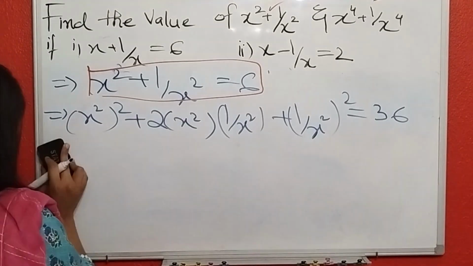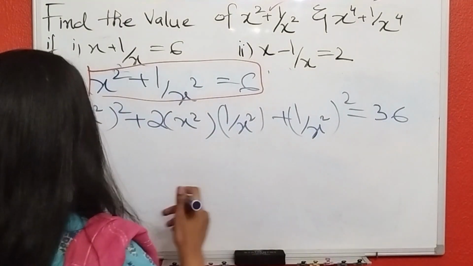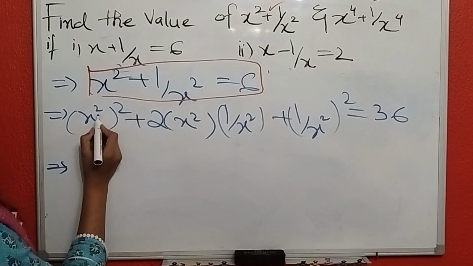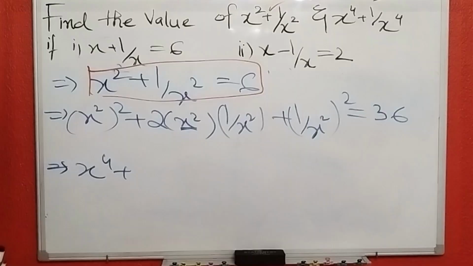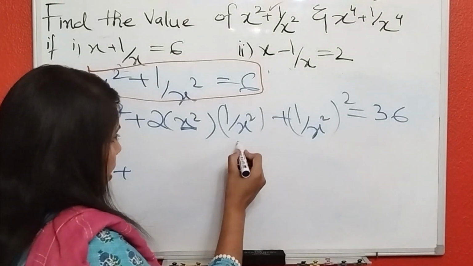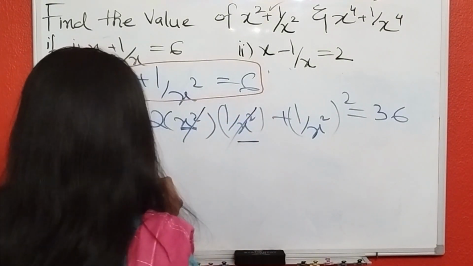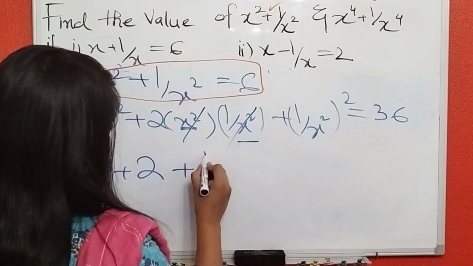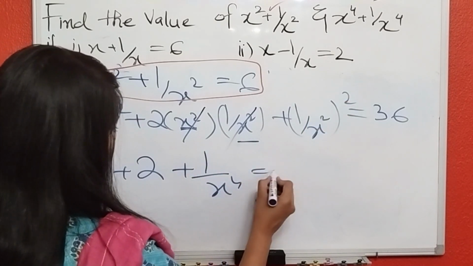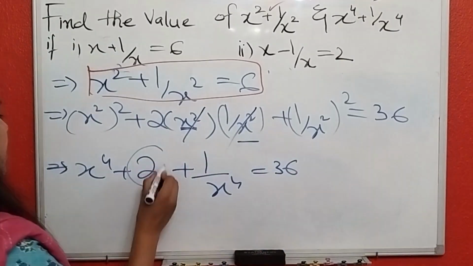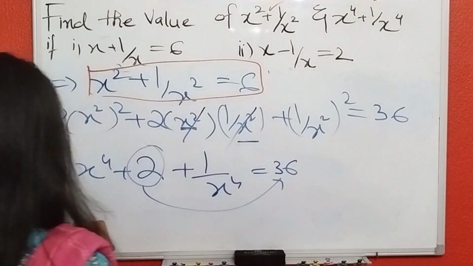the remaining part of the question. So here 2 multiplied by 2 is x power 4 plus, as here you can see this value is in the place of multiply and this value is in the place of divide, so I can easily cancel it. 2 plus, and here the square of 1 is 1 and 2 multiplied by 2 is x power 4 is equal to 36. Now you can see 2 is extra here. I am going to shift this value.